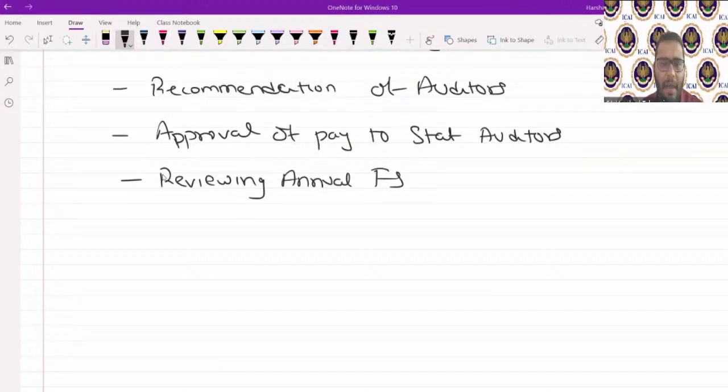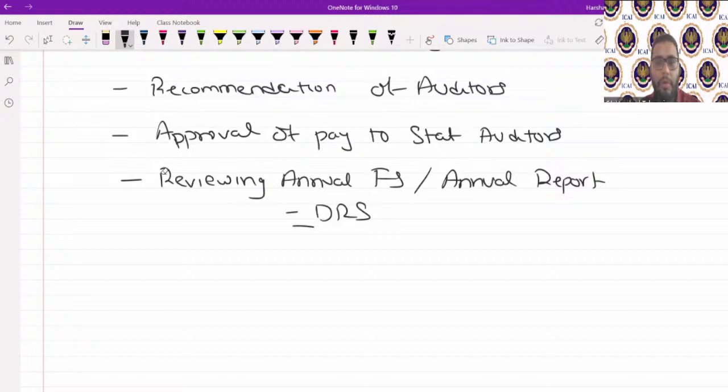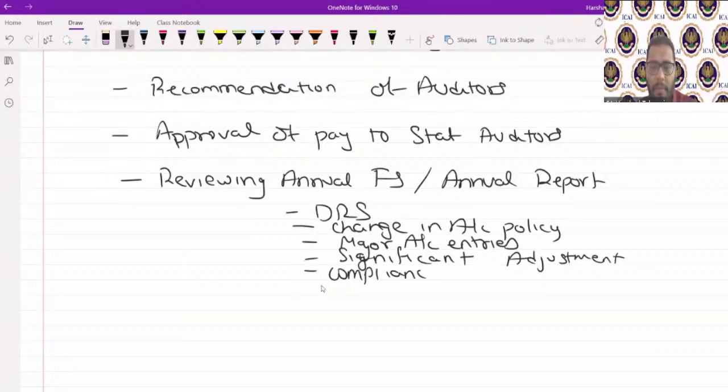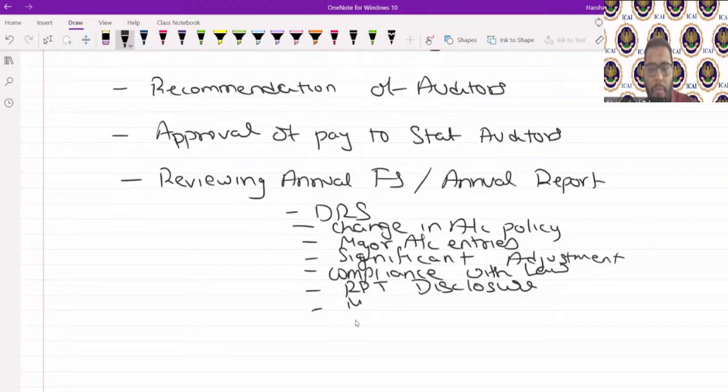When I say financial statement, it can be a very big thing, or let's say annual report, which will include the director responsibility statement, changes in accounting policy, major accounting entries, significant adjustments, compliance with other legal requirements, with law, related party transaction disclosure, and modified opinion in audit report.